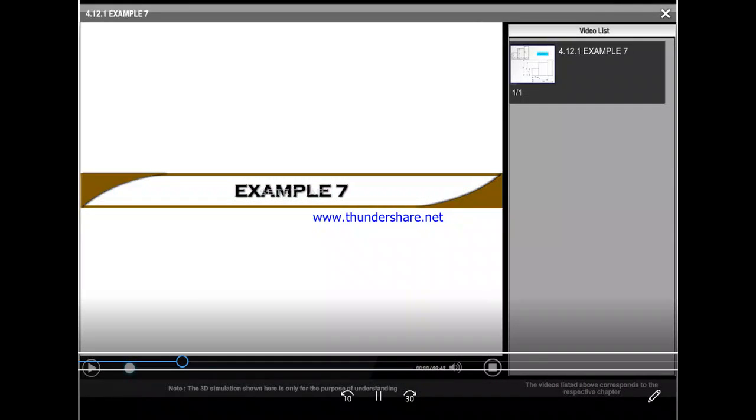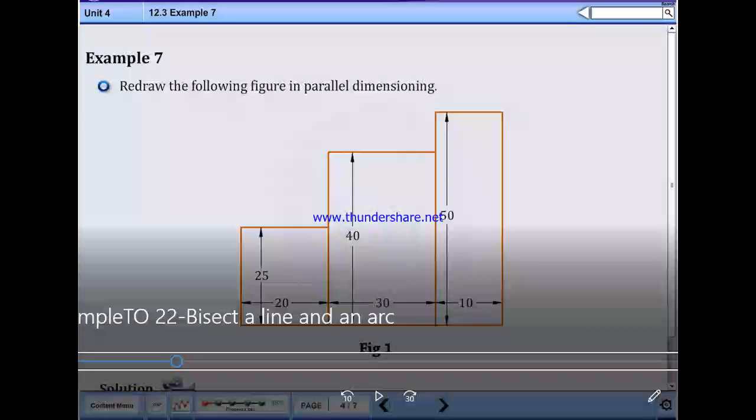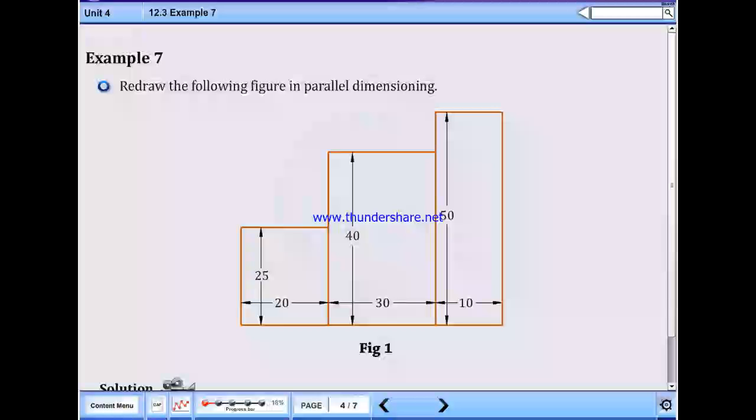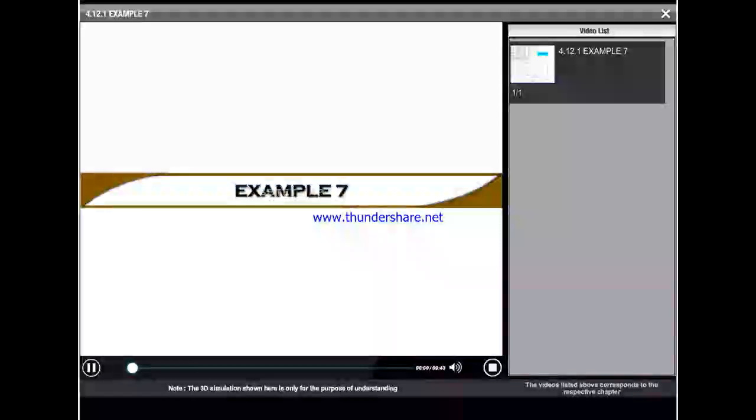Example problem 7. First note down this problem and then see the solution. Example problem 7.